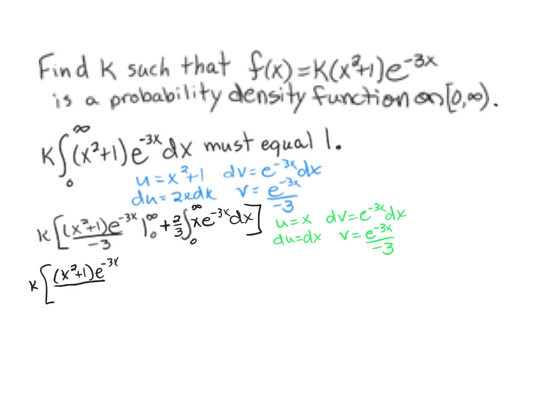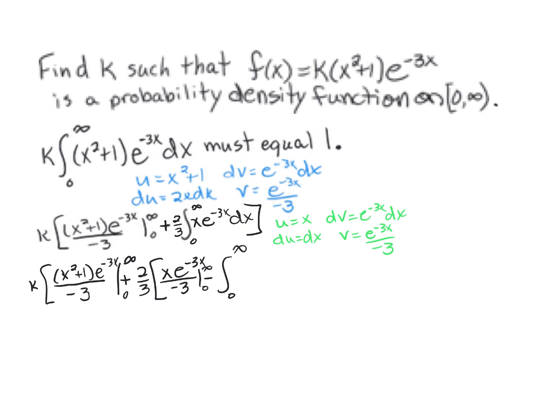It'll be evaluated from 0 to infinity, but now we have plus 2 over 3 times the whole thing, u times v, minus the integral from 0 to infinity of v du.